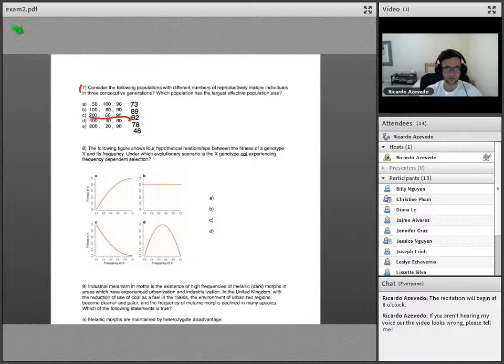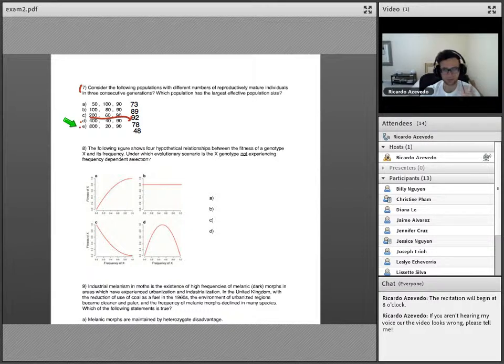It's worth noting that in the case of D and E, even though at some point they have pretty big population sizes, in the case of D you go up to 400, and in the case of E it's a staggering 800, which dwarfs the rest of the values in these options, even though at some stage they've had some of the bigger populations.